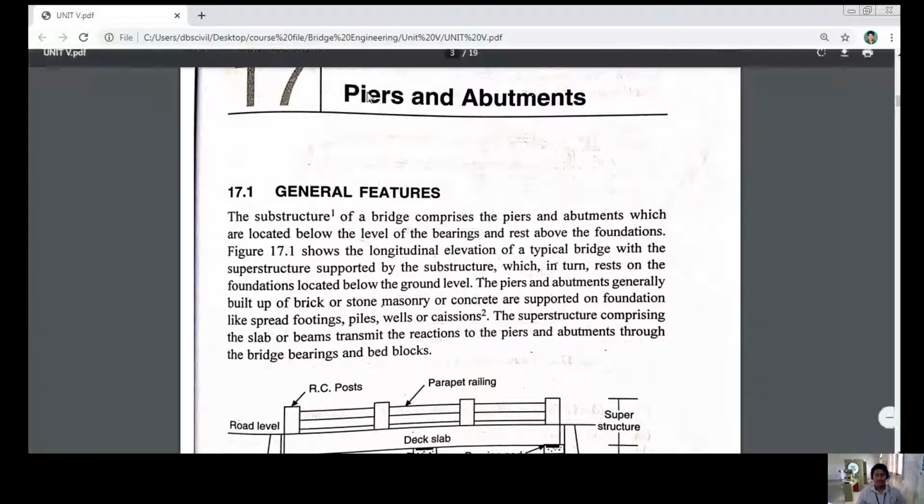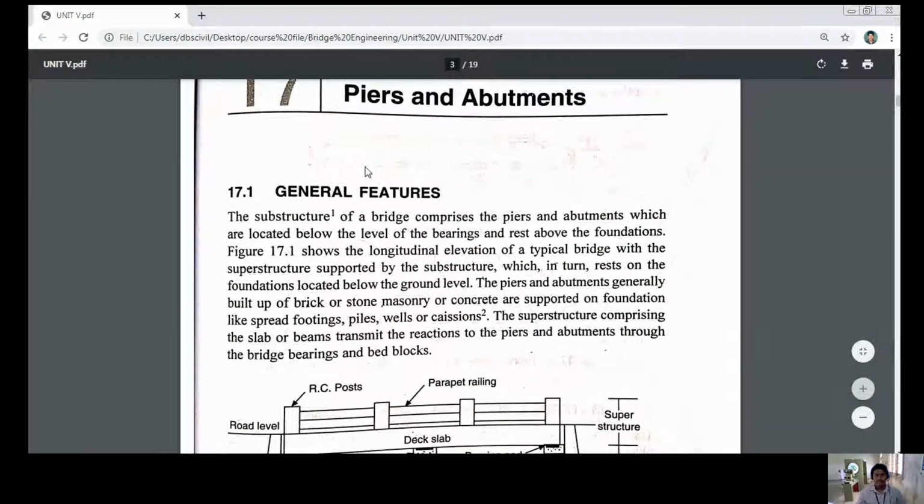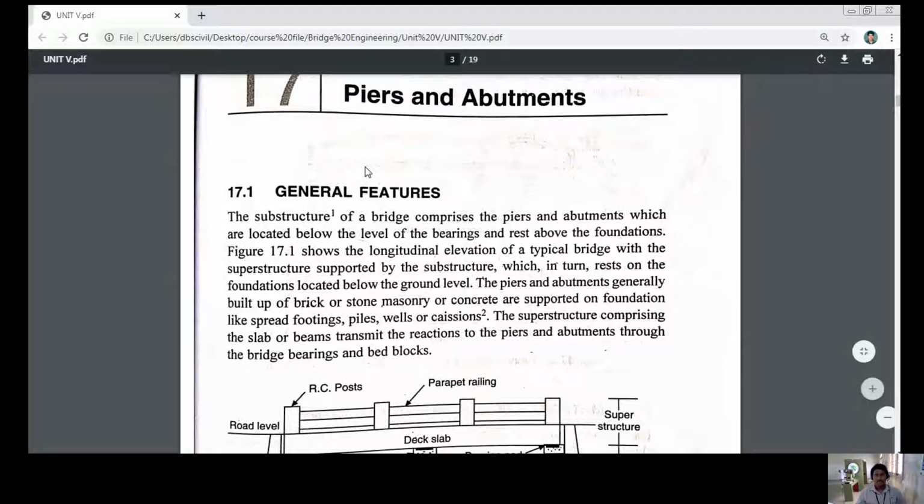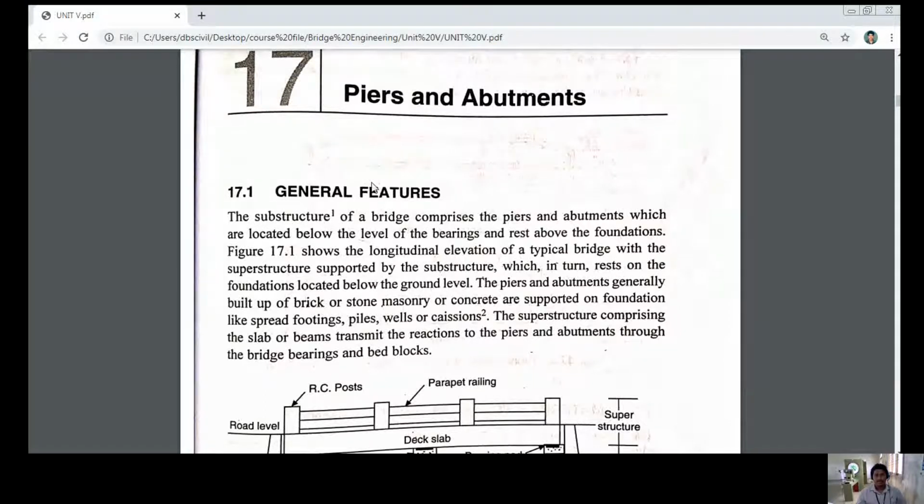Here, piers refer to columns. For a normal building, we call it a column; here we call it a pier.